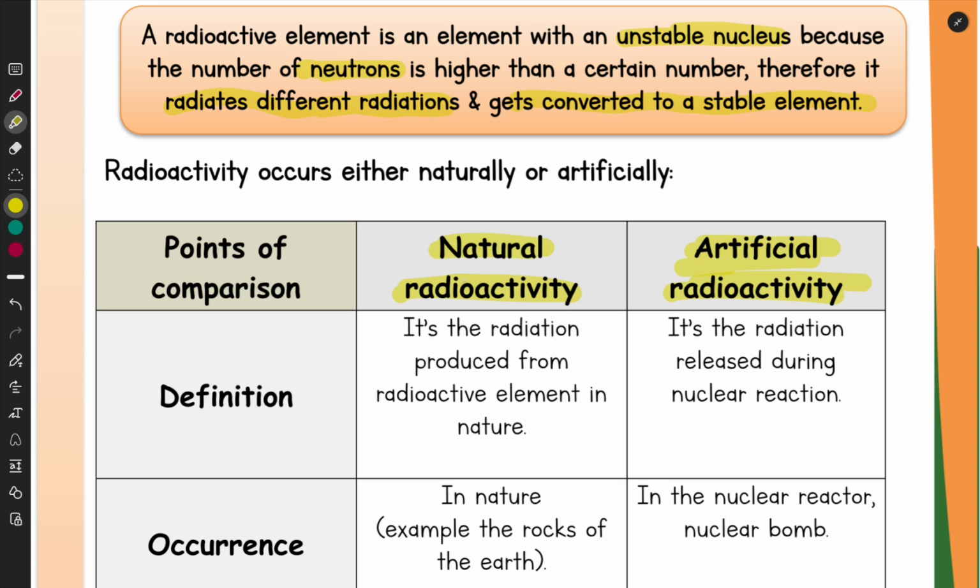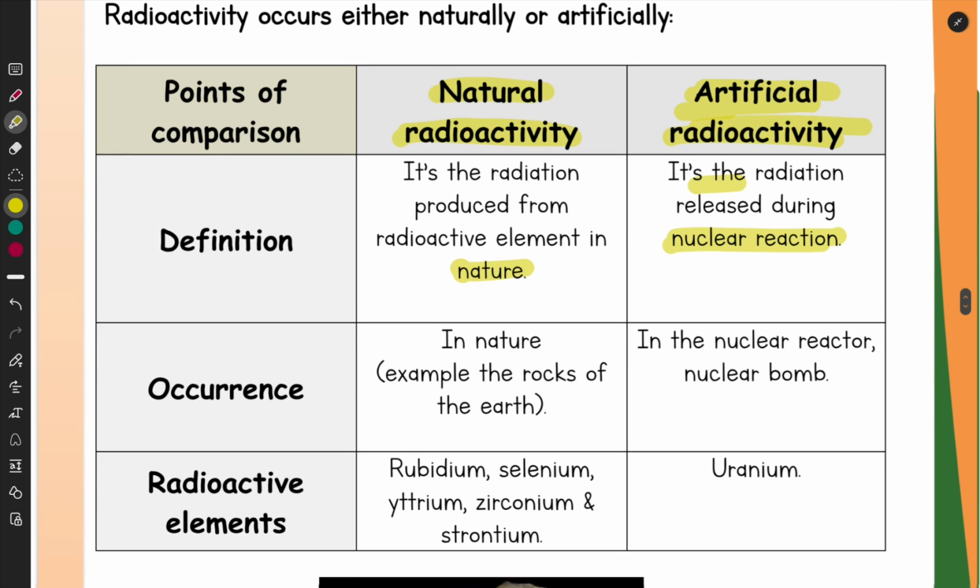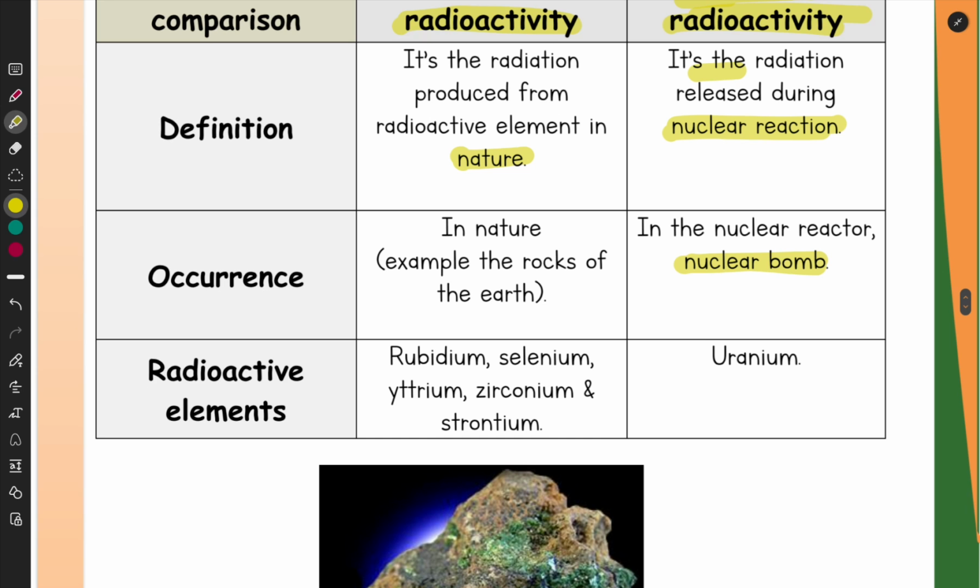The natural radioactivity is radiation produced from radioactive elements in nature, and artificial is radiation released during nuclear reactions. Occurrence: the natural radioactivity in nature, for example in rocks of the earth; the artificial radioactivity in the nuclear reactor and the nuclear bomb.